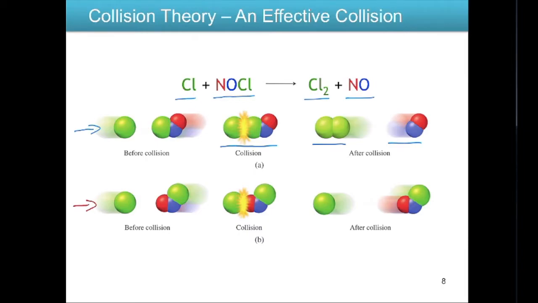So in the bottom figure, they're not lined up. We have a chlorine reacting with a nitrogen. That's not the correct orientation. So even if they have enough energy for a reaction to occur, since they're not oriented correctly, they essentially just bounce off each other and we still end up with the reactants in this case. So this was not an effective collision because the reactants did not produce products.